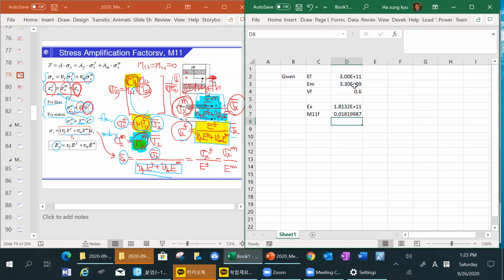So this is the stress amplification factor.